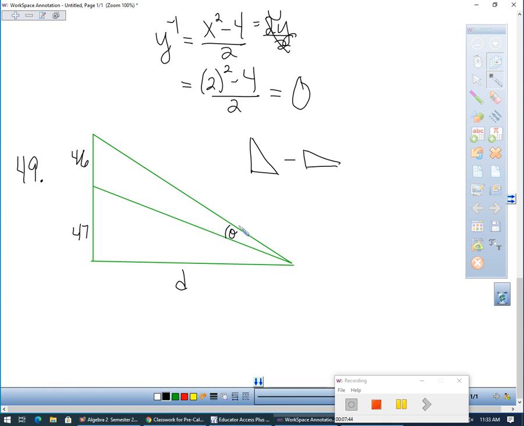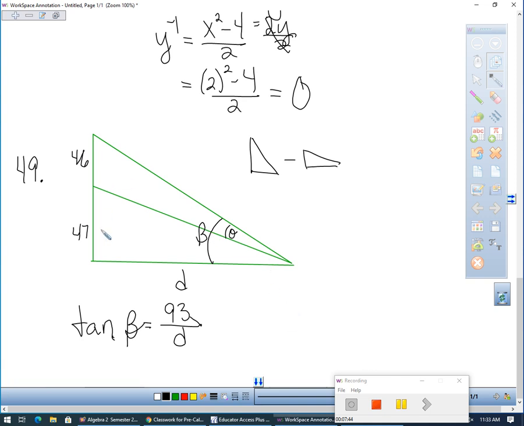Alright, so first let's talk about the different tangents. I went ahead and named, for the big one, this angle my beta. And so really I have the tangent of beta equals the opposite, which is both of these added together, which is 93, over the adjacent, which is d.